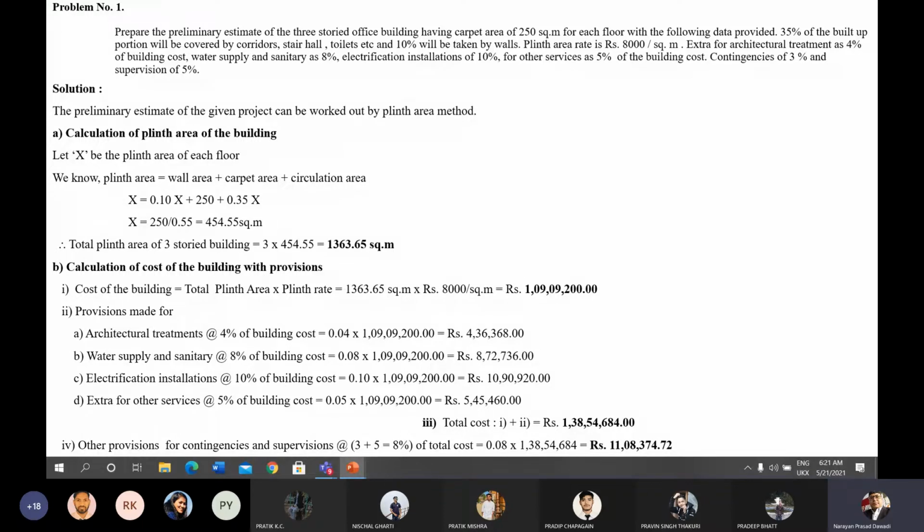Total cost is 1,38,54,684, and you will get the value of 11,08,374.72 rupees for the provisions.